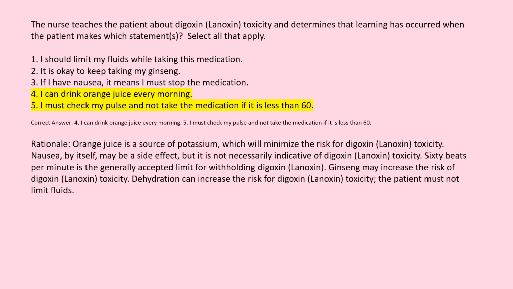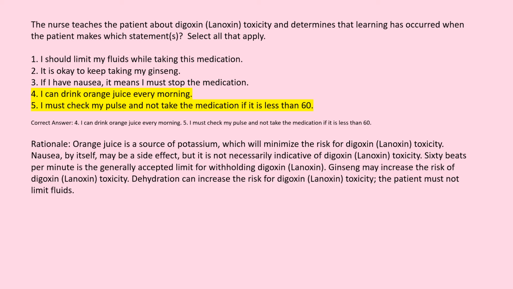Correct answer. 4. I can drink orange juice every morning. 5. I must check my pulse and not take the medication if it is less than 60. Rationale. Orange juice is a source of potassium, which will minimize the risk for digoxin, Lanoxin, toxicity.